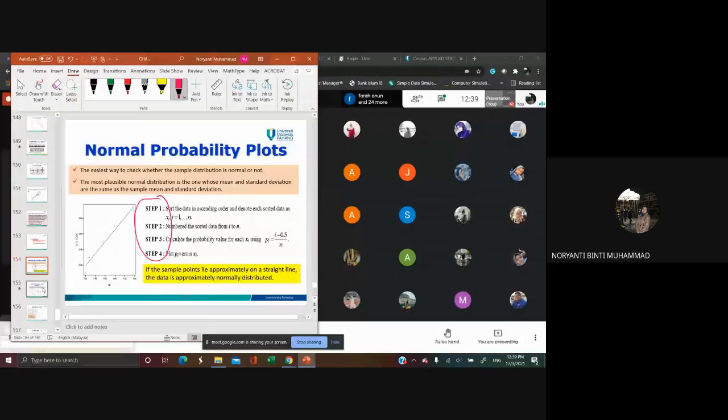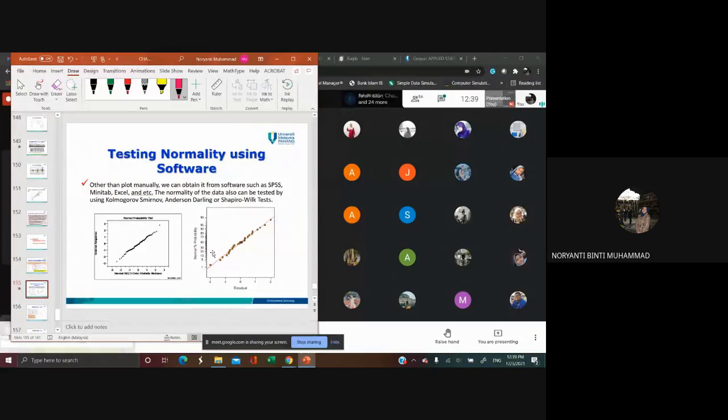So this is an example from the software. How do we know the data follows a normal distribution? When you see the data is arranged, or distributed, in a line. It's not that you draw a line. Don't draw a line. You look at whether the data seems like a line, like this.